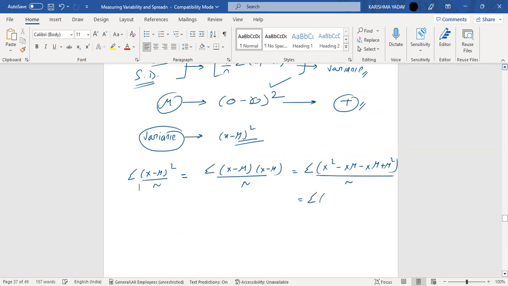Now this is equal to sigma (x square minus 2 mu x plus mu square) divided by n. Okay, now we know that my mean, that x bar, is equal to sigma x divided by n. Okay, this is the mean formula.